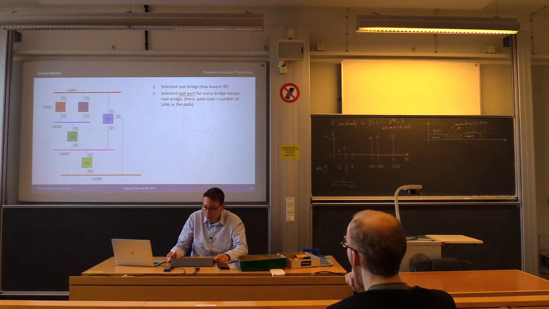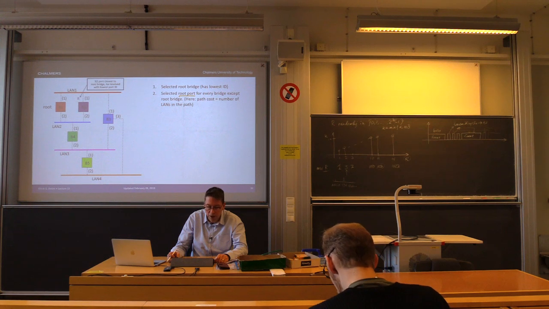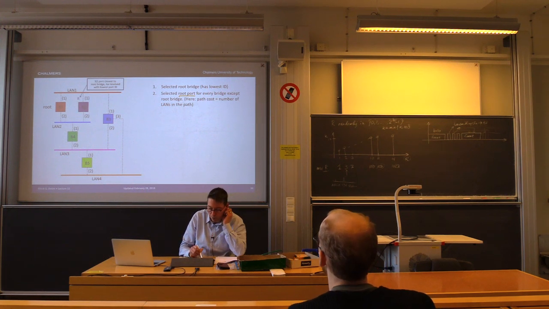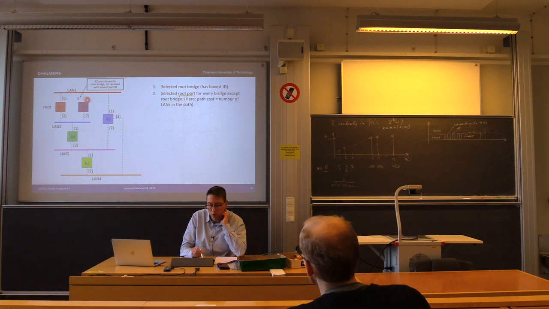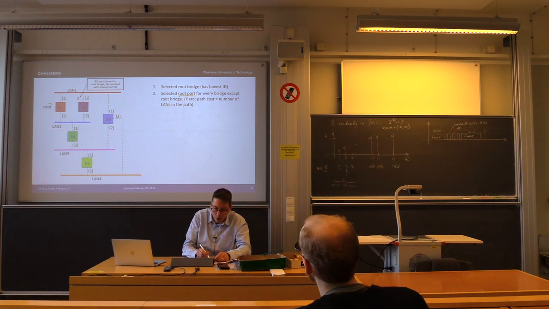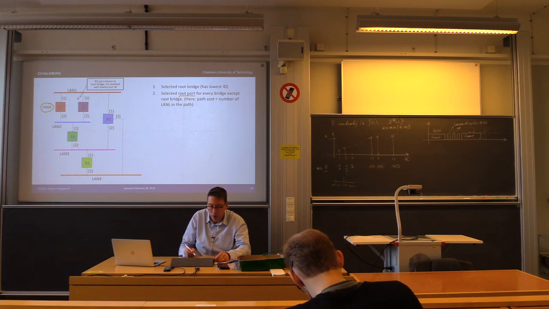Okay, so what are the root ports here now? For bridge number 2, we have 2 ports, 1 and 2. If I want to go to the root from bridge number 2, which port should I choose? Well, I have 2 choices, 1 or 2.